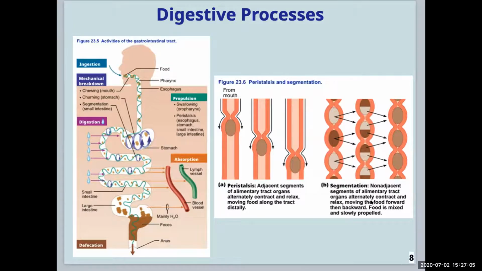This moves the food forward and backward, then forward, then backward. It seems pretty inefficient in terms of moving the food forward, but what this type of movement is supposed to do is allow the food in the lumen to be mixed. So the food content is mixed.